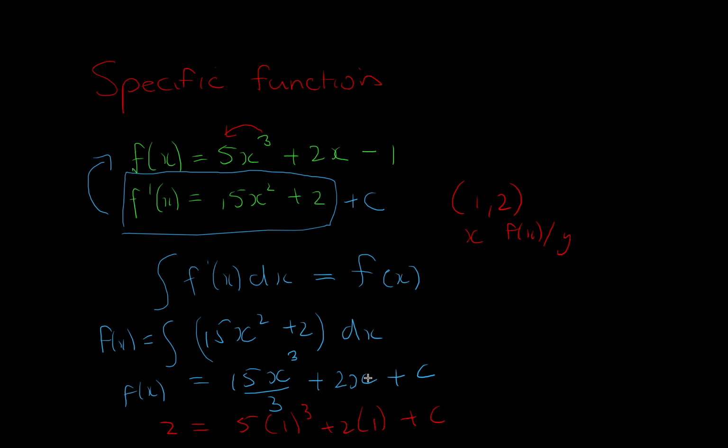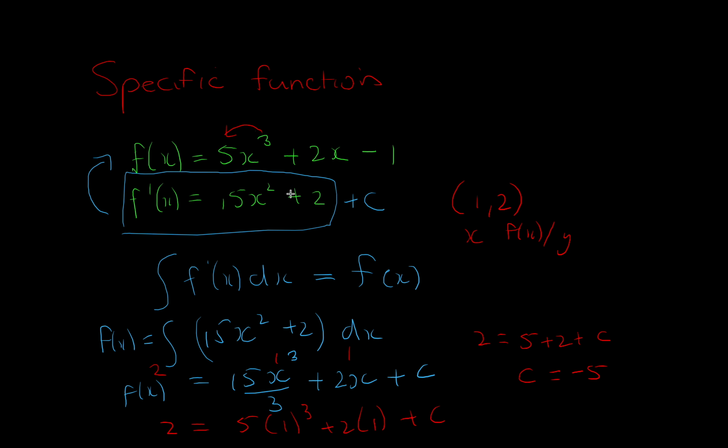So the x value we substitute with 1, and the y value with 2. Then we just solve this equation. So 2 is equal to 5 plus 2 plus c, so c will be equal to minus 5.